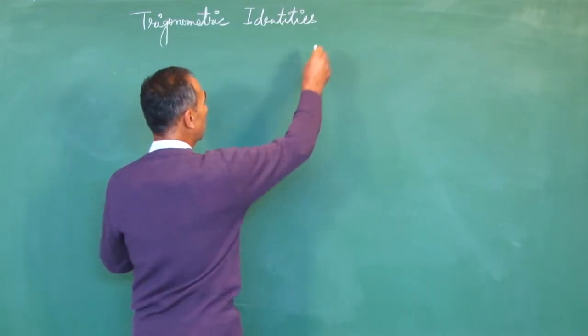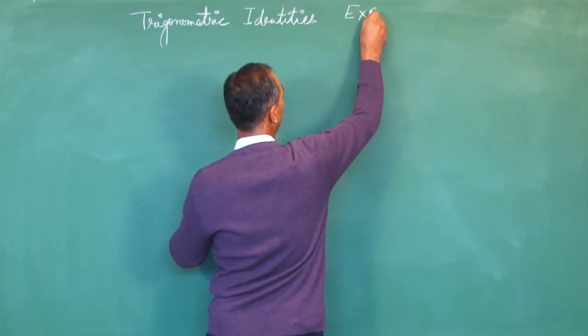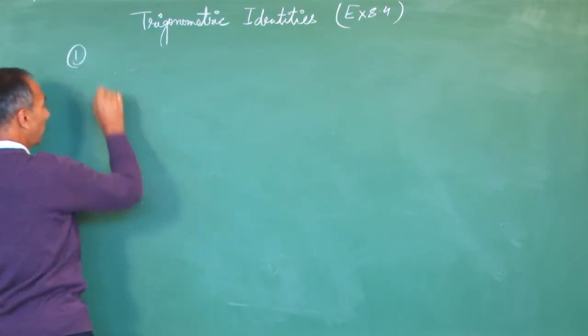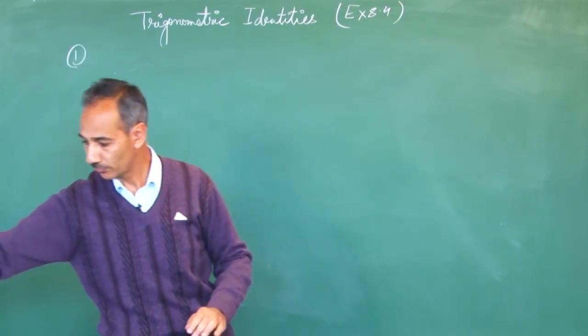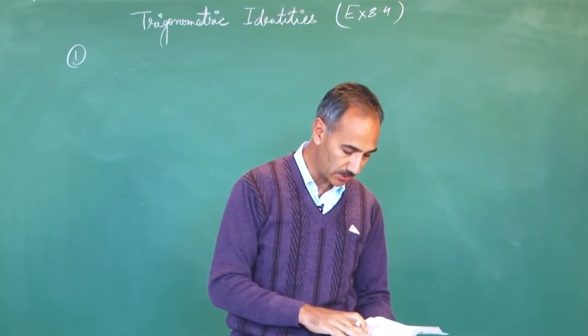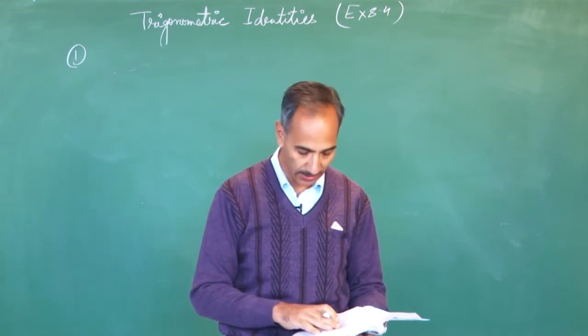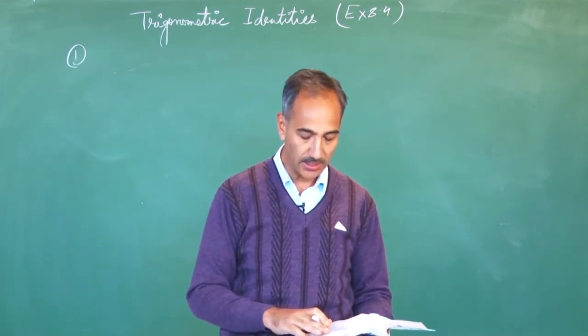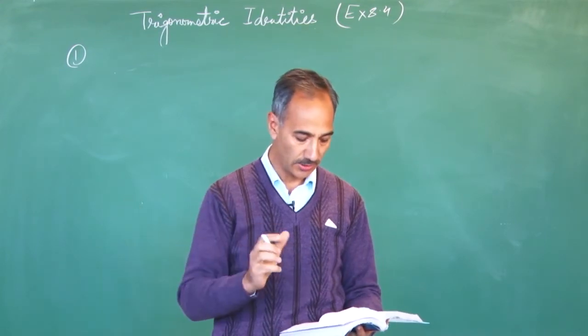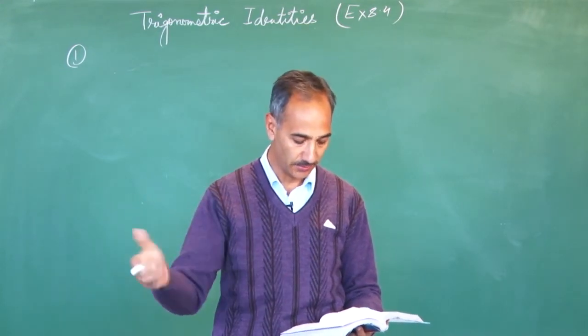So this is exercise 8.4. Question number 1. Question number 1 of this exercise, it says express the trigonometric ratios of sine A, secant A and tan in terms of cot. So he has identified cot, asking you to express sine, secant and tan in terms of cot.